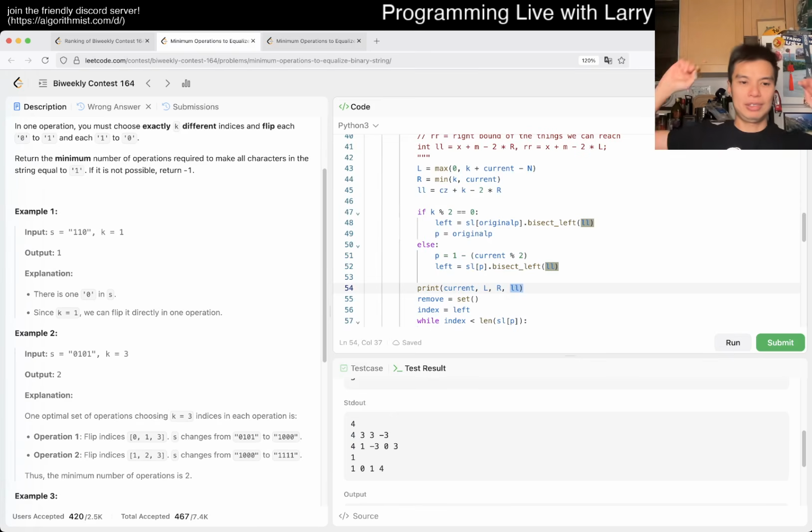Because the 2 goes to. Actually, 2 goes to 1, goes to. No, it goes 2 to goes to 3, right? So it's the same idea. Yeah, 2 1s.